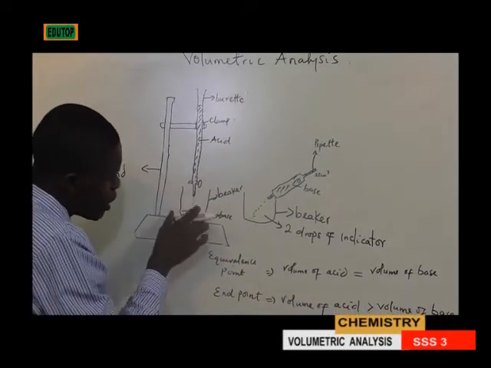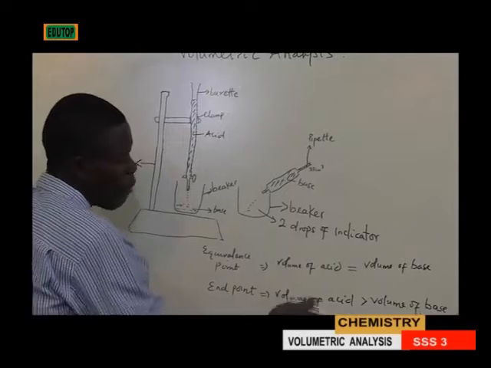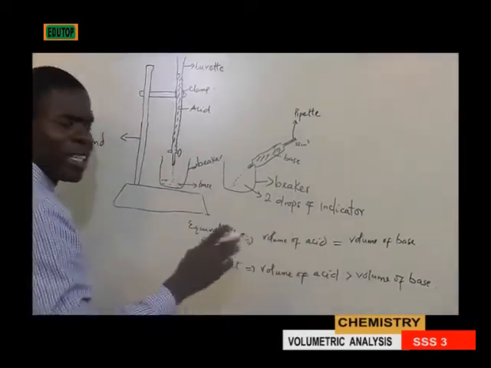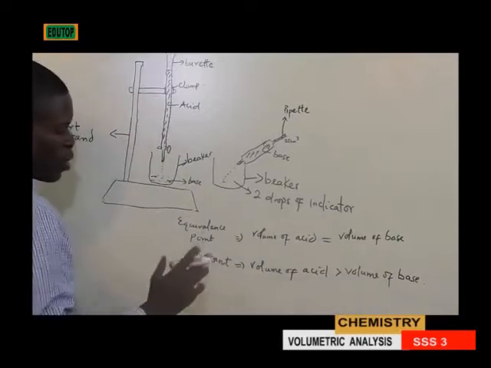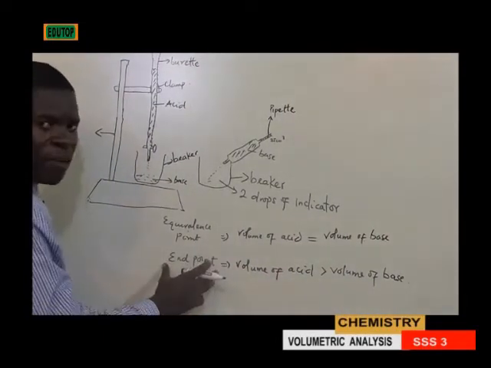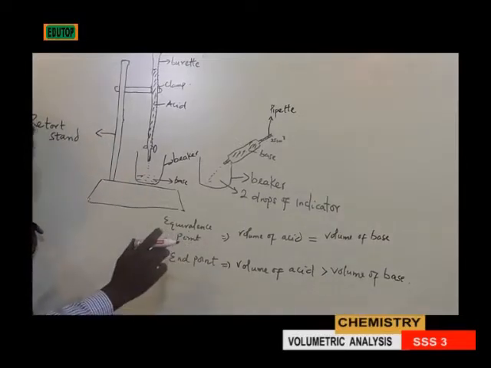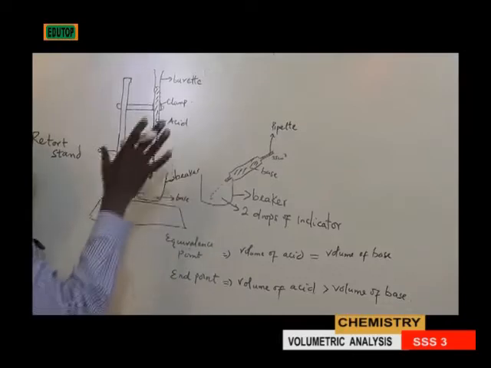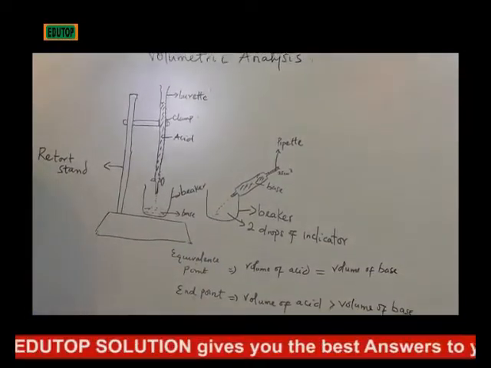The end point is attained when the volume of acid is slightly greater than the volume of the base, and that is where you observe a change. So this is the setup for volumetric analysis.